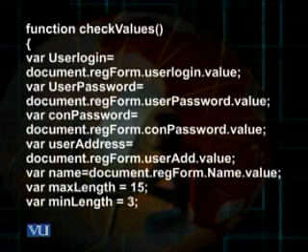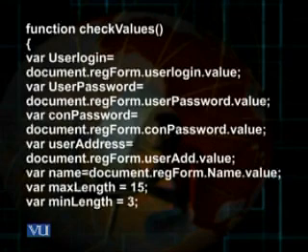And similarly, I also define the variable confirm password, conpassword, and the value entered in the conpassword text box would be allocated to this variable. Then useraddress, the value entered in the text box useraddress would become the value for this variable useraddress.